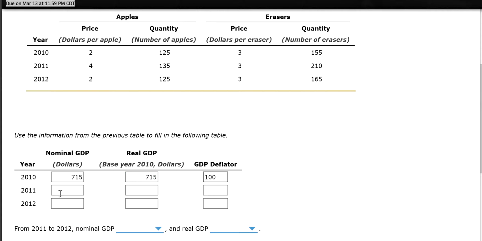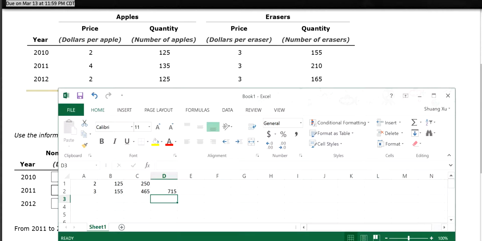Now, 2011. So for 2011, our price for apple is $4. The quantity for apple is 135. Therefore, your total value for apple is going to be 540. And then next, the price for eraser is still $3.